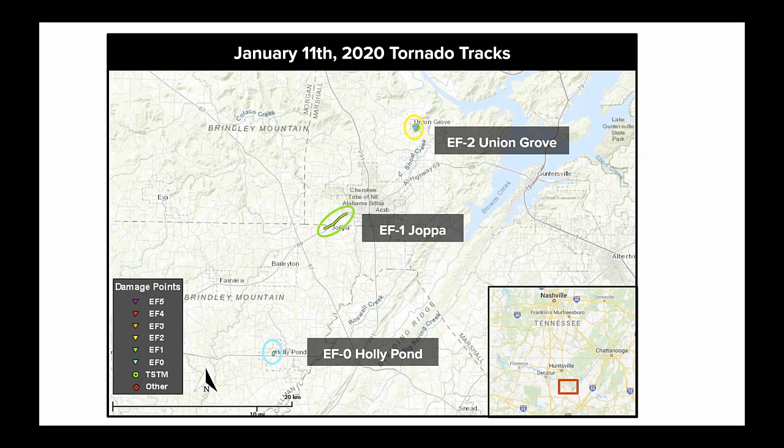And then the strongest tornado that we had today was very, very brief based off what we found in our damage survey. But it was rather intense when it did occur, and that coincided with the strongest jump that we saw in lightning, which I thought was interesting. But that occurred right there in Union Grove, which was where we were concerned about.